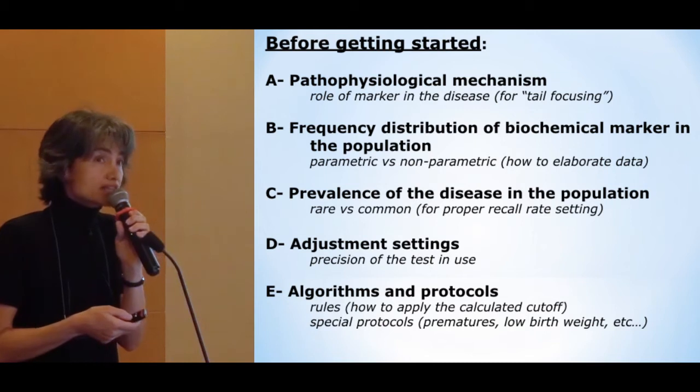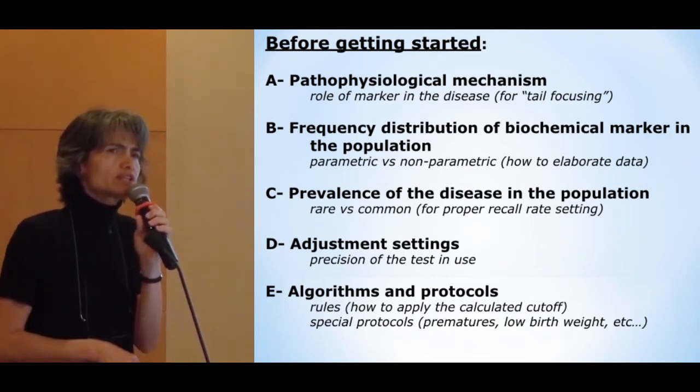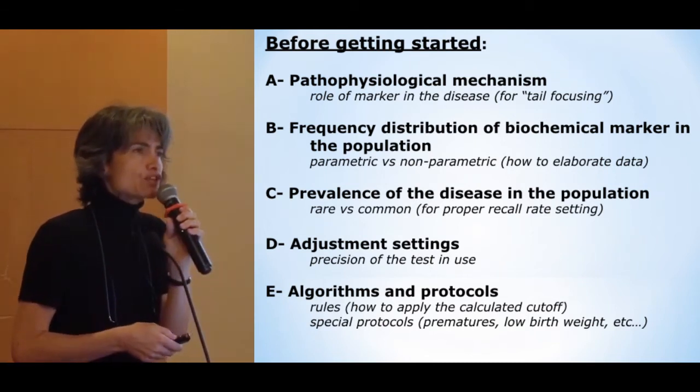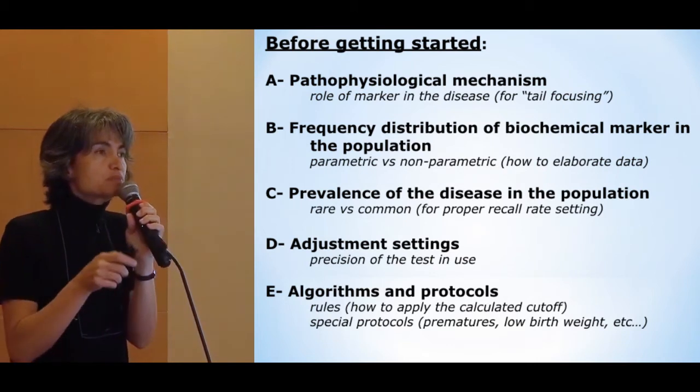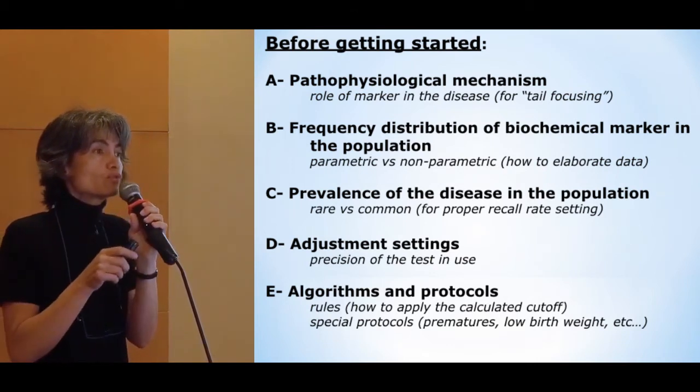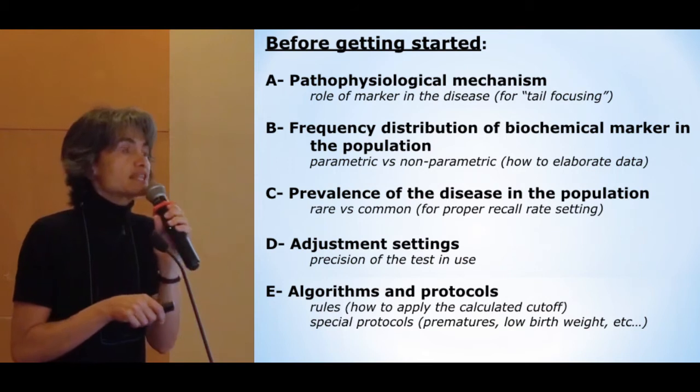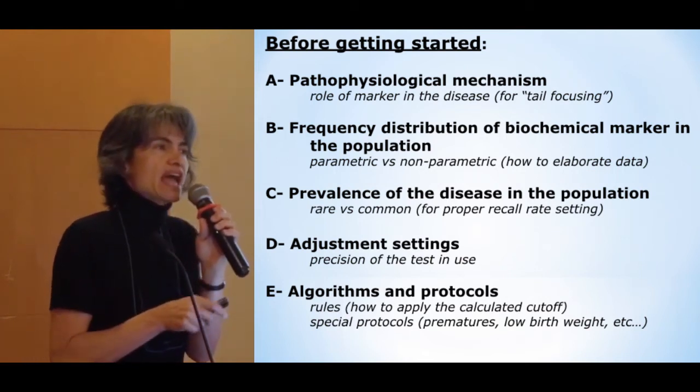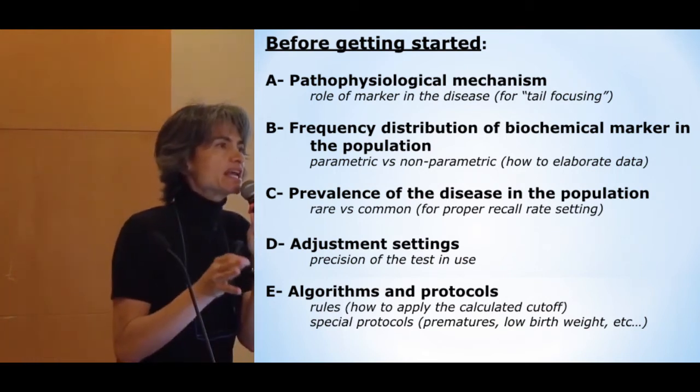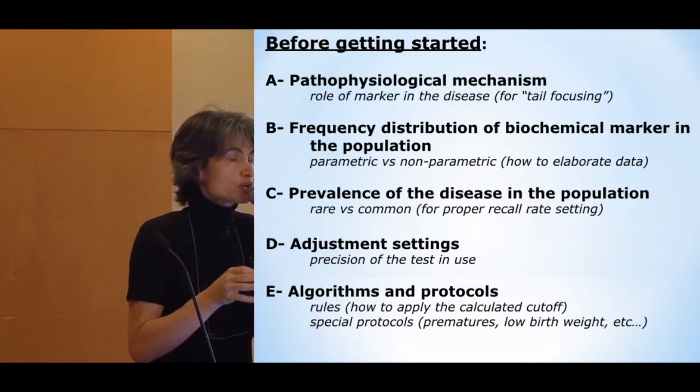Last but not least, you have to look at the literature and see if there is some specific protocol for specific categories of newborns. And the classical example is the TSH. Why?